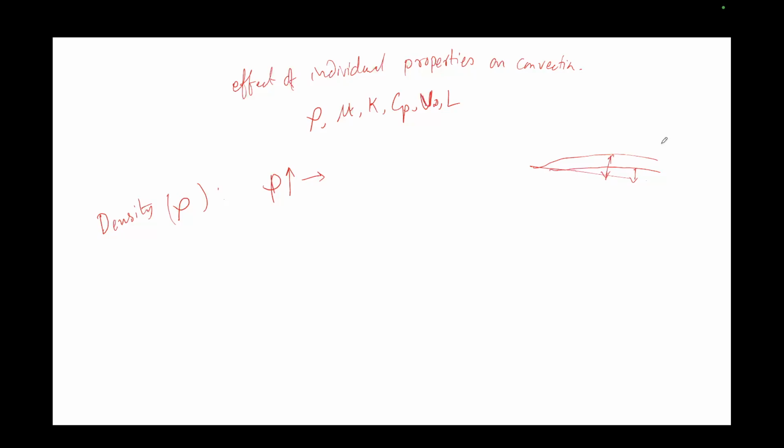As I have already discussed, with more fluid motion the thermal boundary layer will be thinner, so if rho increases, H will increase.